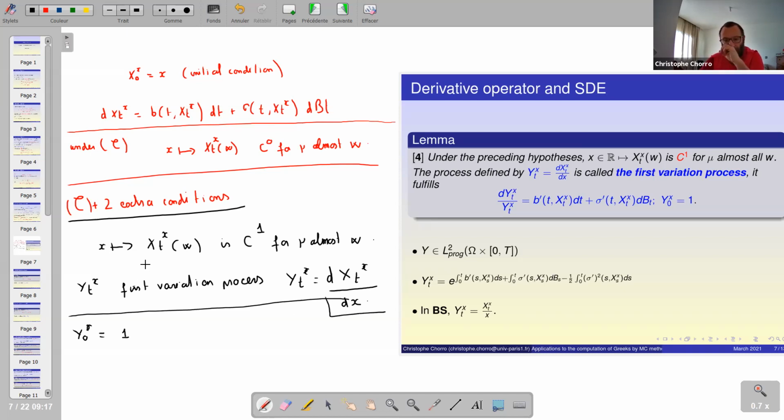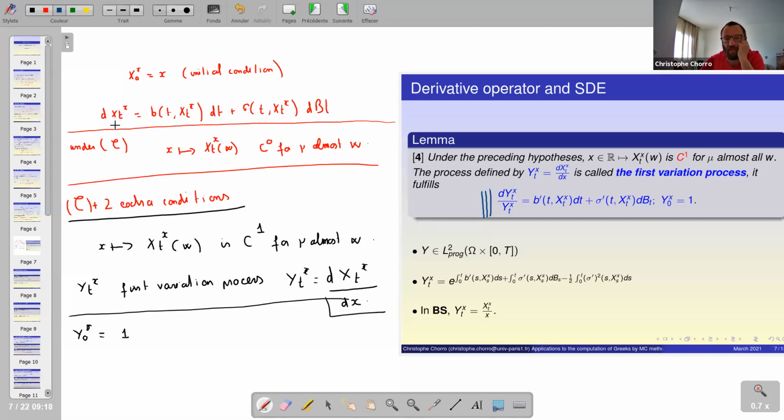And what is more, I can prove that the first variation process fulfills a stochastic differential equation. That is, Yt fulfills this stochastic differential equation that is related to the previous one, that is the one fulfilled by capital X. So this result is not that complicated to prove, but I want to do it because it's a kind of prerequisite concerning results from the first semester. But just to show you what happens, suppose that you have this equation.